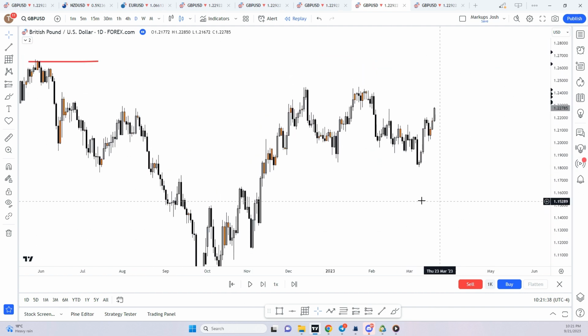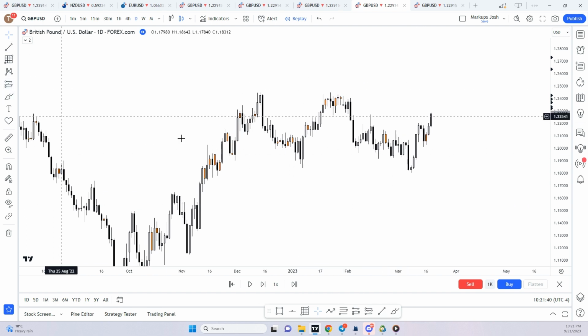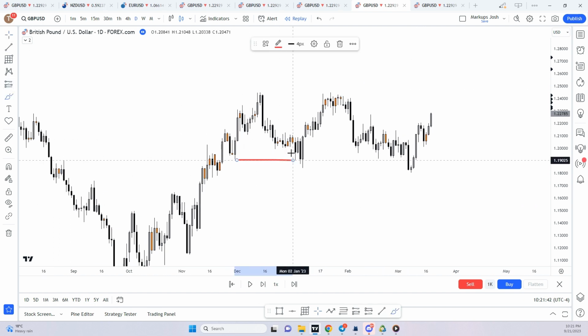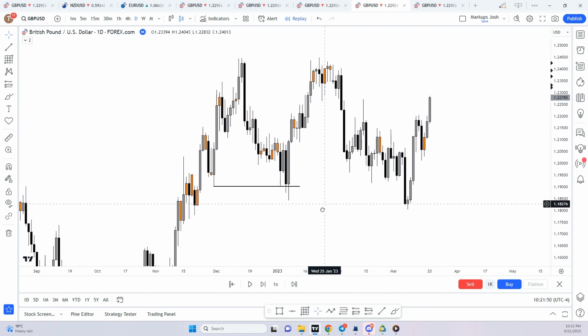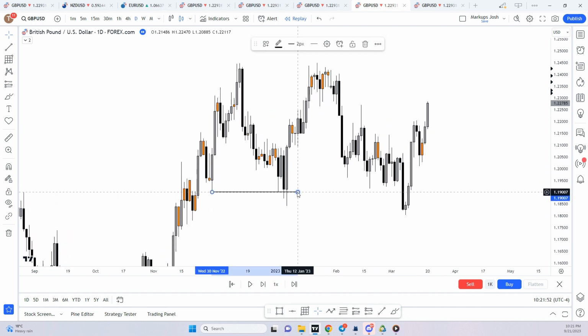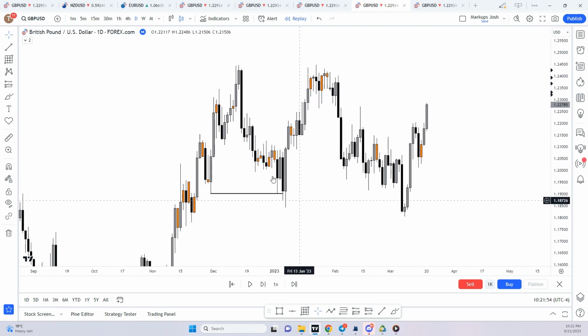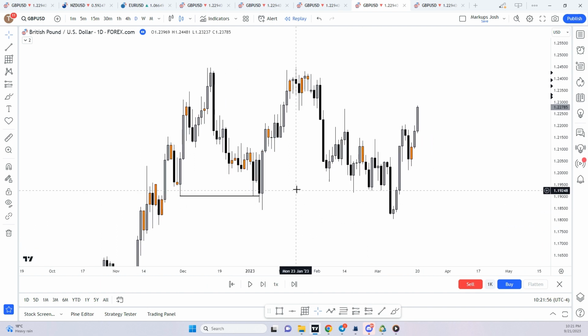Let's dig into it. The first time that we took sell side liquidity was here, and we failed to close below the range. Let me draw this on just so you can see that. No candle body closed below. So this, to me, I would also deem to be a run on liquidity.